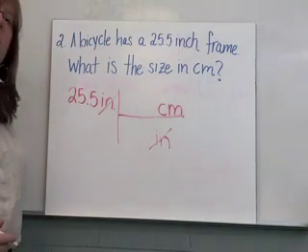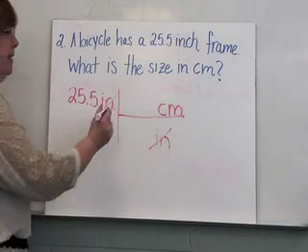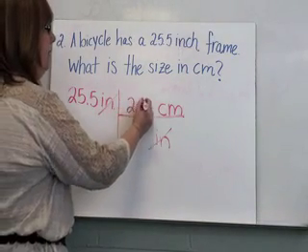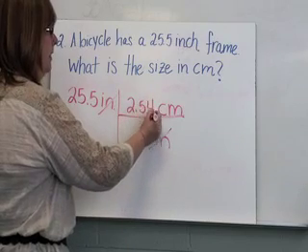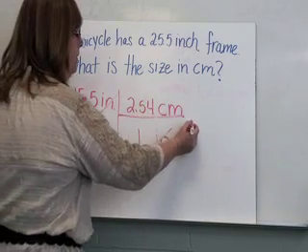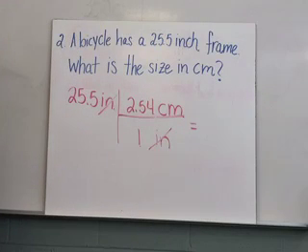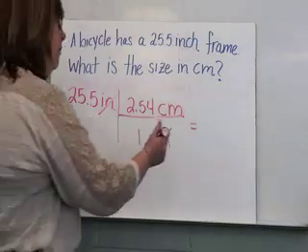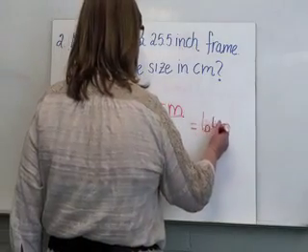We have the same equivalence statement from the last slide. There are 2.54 centimeters in 1 inch. And this answer in centimeters, let's see, is 64.8 centimeters.